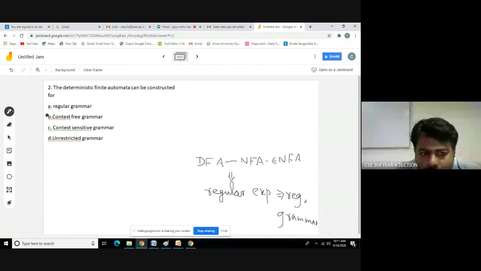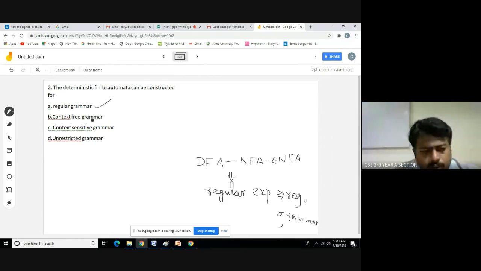This is the Chomsky hierarchy of languages. These types of questions can be asked in GATE. They may ask whether finite automata are constructed by regular grammar, context-free grammar, or unrestricted grammar. The correct answer is regular grammar. What about context-free grammar? Context-free grammar is used for machines like PDA.